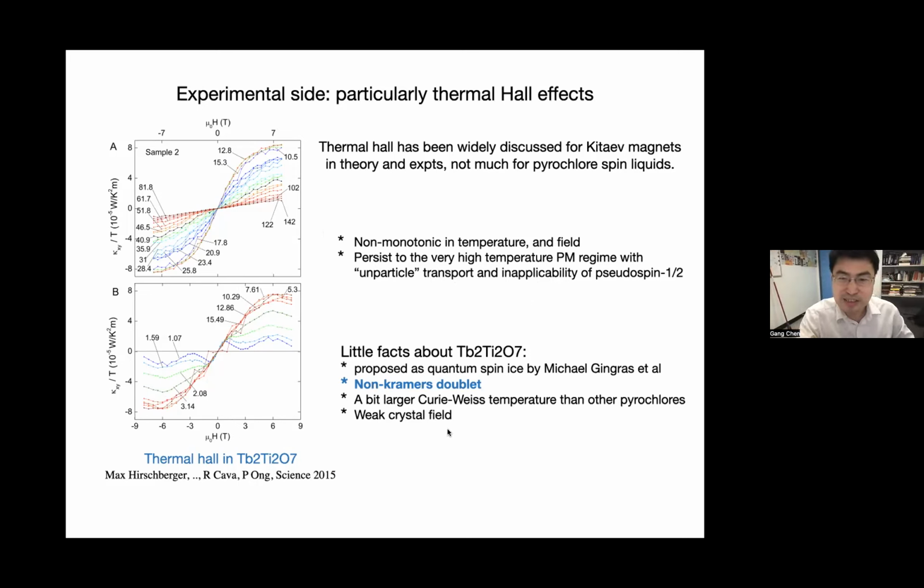So here are some facts about terbium titanate. The most important one is that the effective spin 1/2 for the very low temperature magnetic properties is described by a so-called non-Kramers doublet.